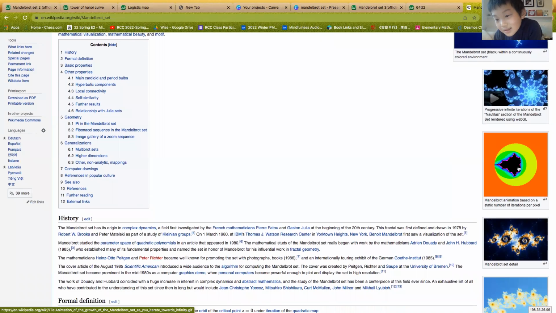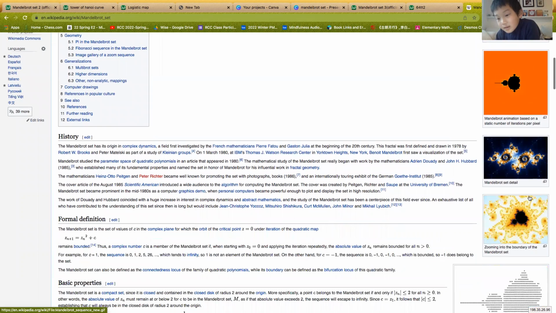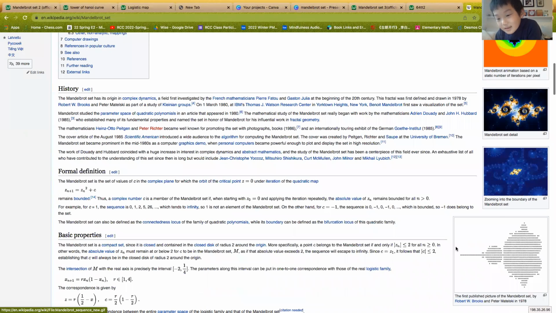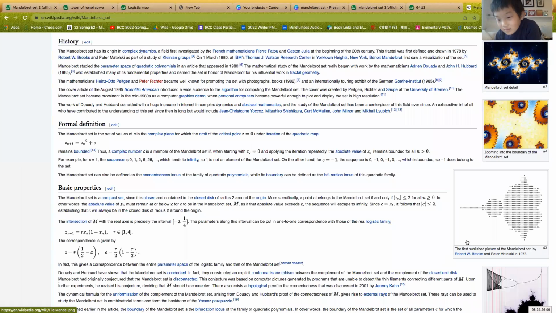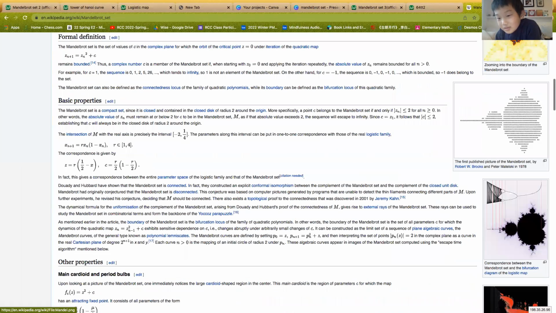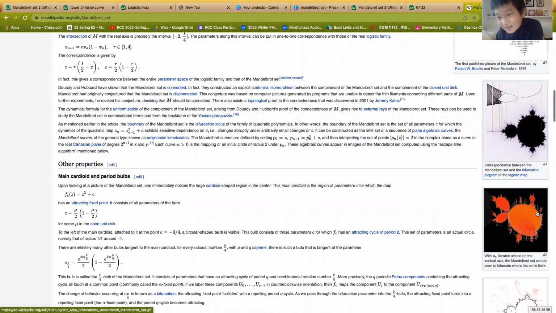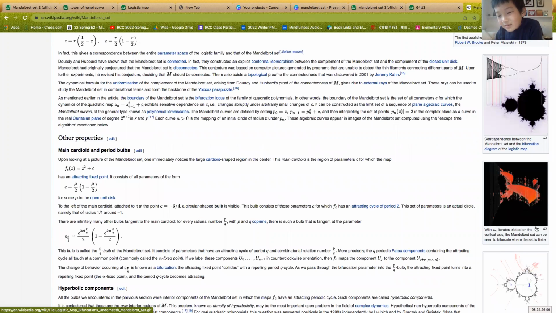Fractal, self-similar fractal. Very interesting. Oh yeah, the logistic map. We'll talk about that later in the second video.